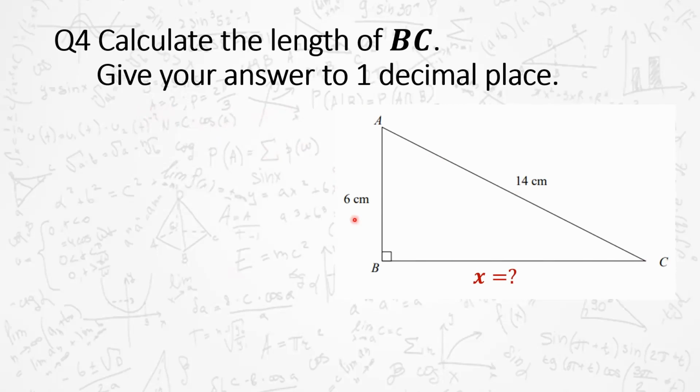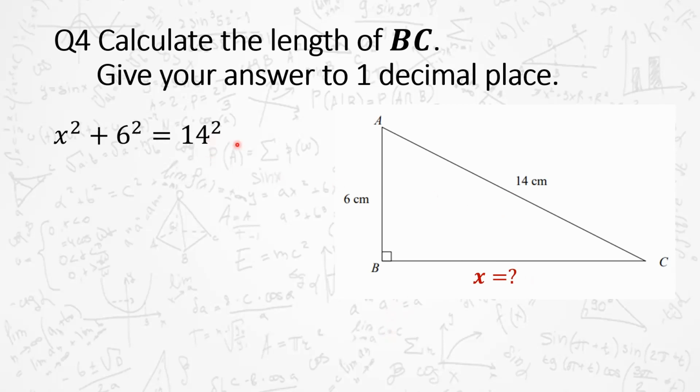You were given number 6 and number 14. Number 14 is the side that's opposite 90 degrees. Therefore, this 14 is the longest side, i.e. the hypotenuse of the right angle triangle. Therefore, to set up our equation, we will have x squared plus 6 squared equals 14 squared, i.e. the hypotenuse squared.